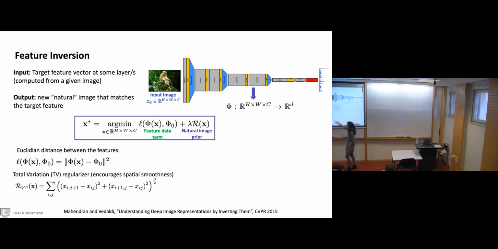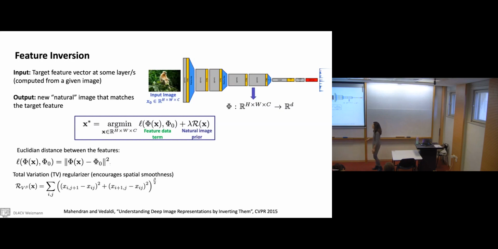So again, my unknown is X, the input image. The objective function is basically a distance metric between the target feature map and the one that would be produced by feeding X into the neural network. So we have some loss function defined between phi0, the feature map of the original image, and phi of X, the feature map of my optimized image.